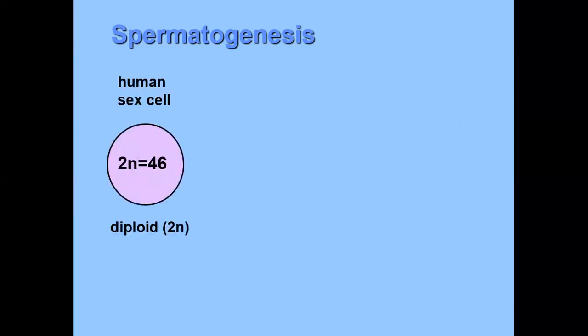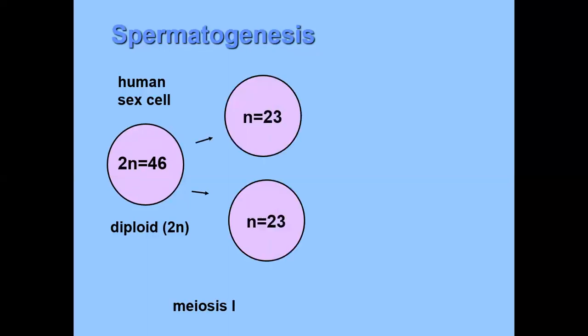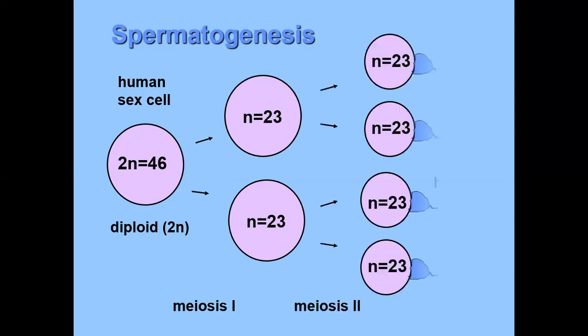Genesis means formation, and spermato means sperm, so the formation of sperm is called spermatogenesis. Here is a human sex cell which is diploid. After meiosis 1, the one cell divides into two cells, each containing a haploid number of chromosomes.